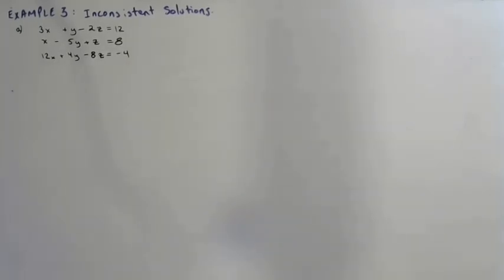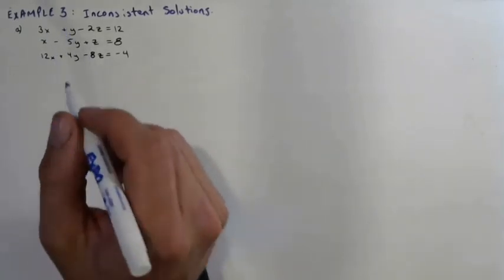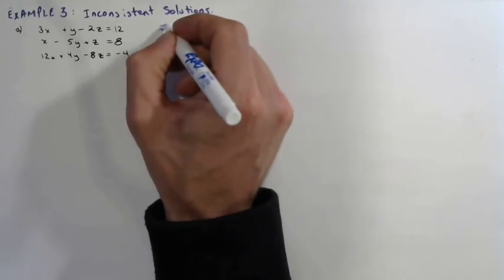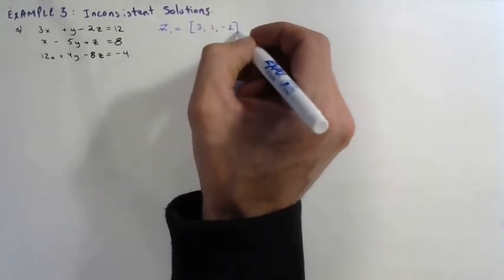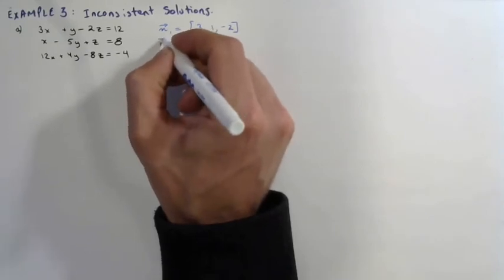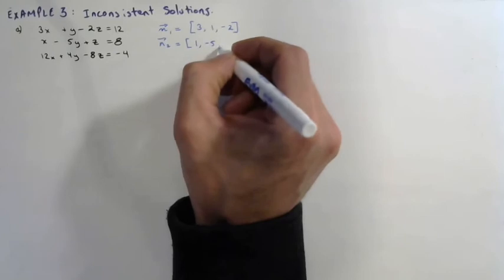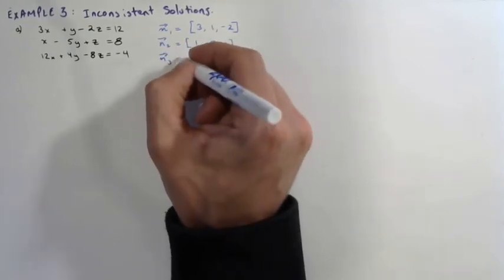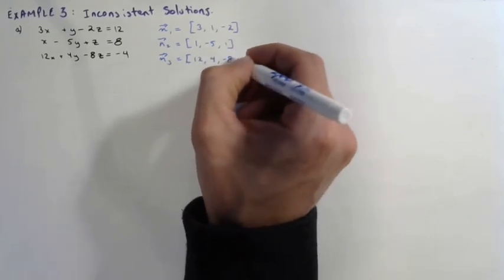First step, as always, find the normal vectors for each of these. Normal vector n1 is 3, 1, negative 2. Normal vector 2 is 1, negative 5, 1. Normal vector 3 is 12, 4, negative 8.